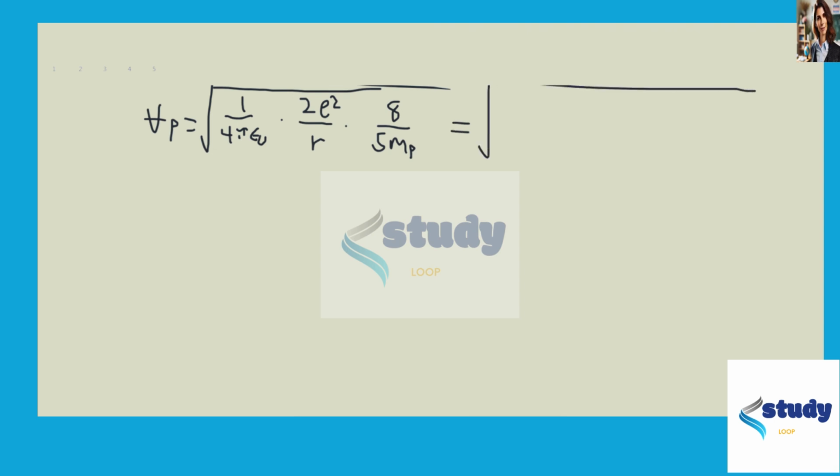So this is just the square root of 1/4 pi times epsilon naught, which we said before was 8.854 times 10 to the minus 12, times 2 times electron charge squared, 1.602 times 10 to the minus 19, squared.